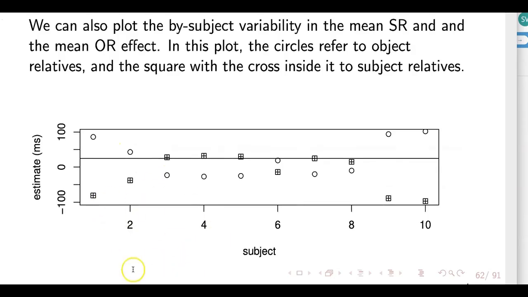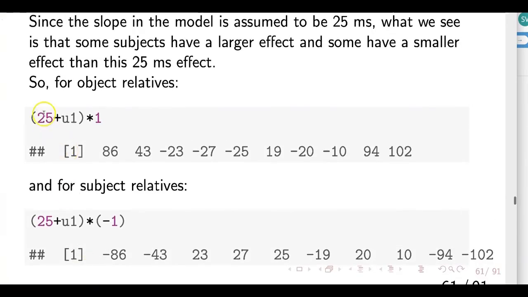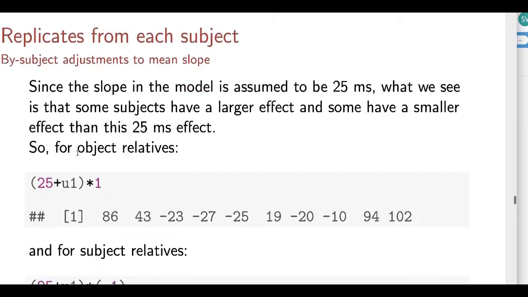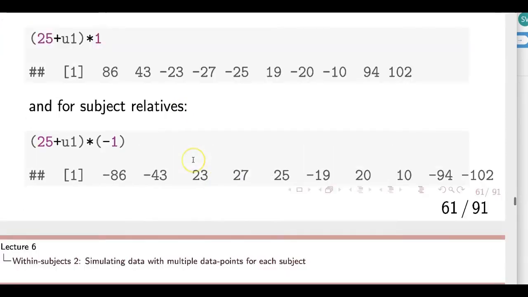So the different subjects have different effects for the subject and object relatives. That's the variability that is induced over this fixed effect. So if we did not have any varying slopes, then all subjects would be assumed to have the same slope of 25 milliseconds. So this varying slopes is adding variability in this estimate.